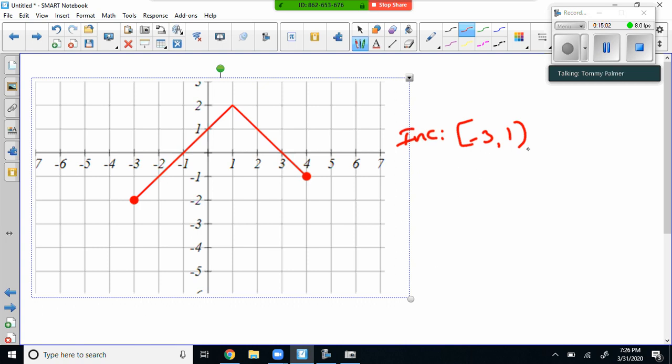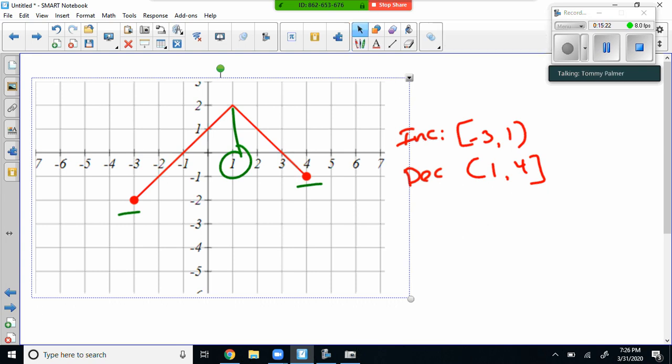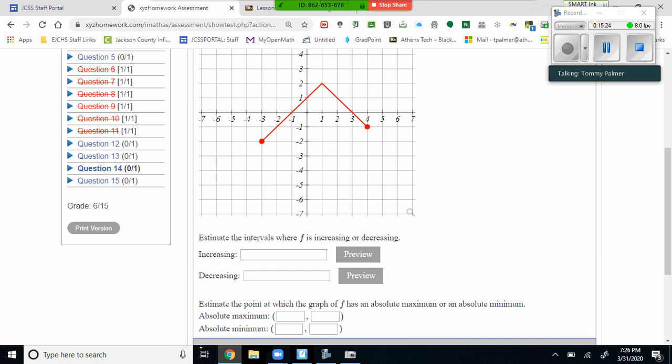For increasing, that's what I'm saying. From -3 to 1, and then decreasing would be from 1 to 4 for this one. That's what I'm saying because of the endpoints. No, we're on number 14.